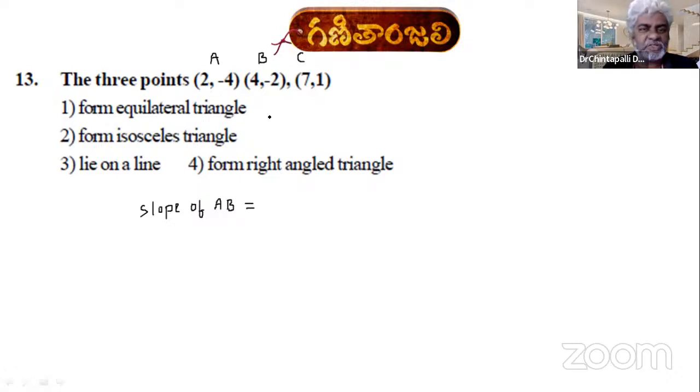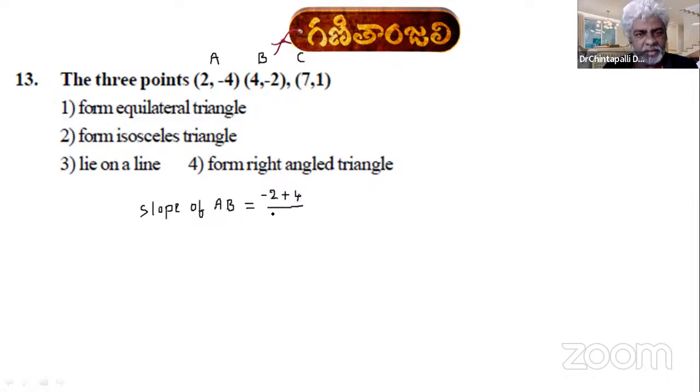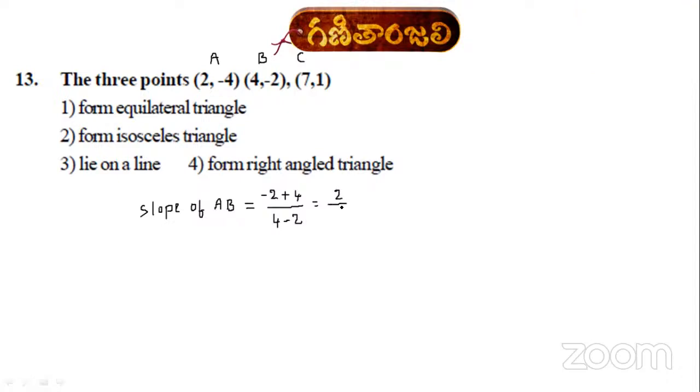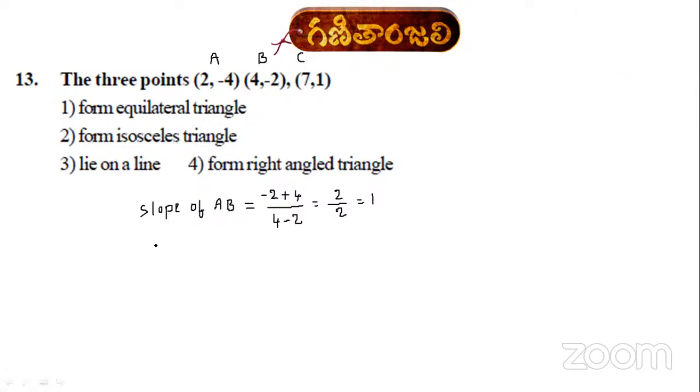Use that formula to find the slope. Negative 2 minus positive 4 over 4 minus 2 gives 2 over 2, which is 1. The slope of AB is 1. Now the slope of BC: 1 plus 2 over 7 minus 4 is 3 over 3, which is 1.